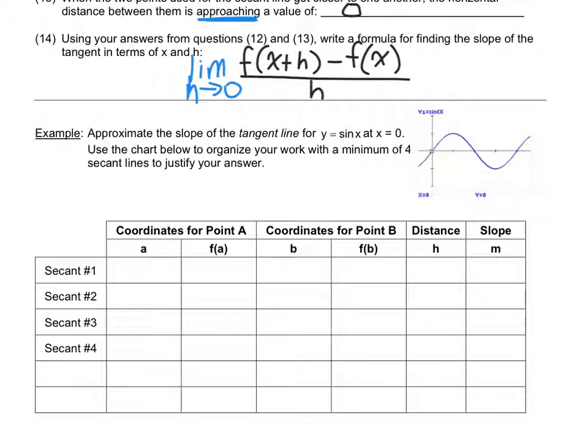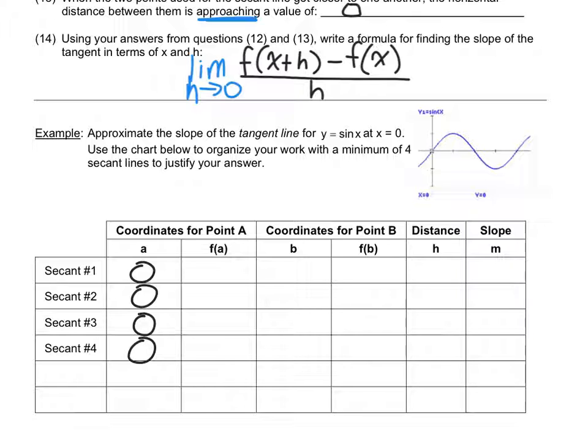All right, what we're doing here, because you're kind of left to your own devices a little bit, is we're looking for the slope of the tangent line at x equals 0. So we have our a. A is going to be 0 no matter what. F of anything is asking what is the y value at that particular anything.